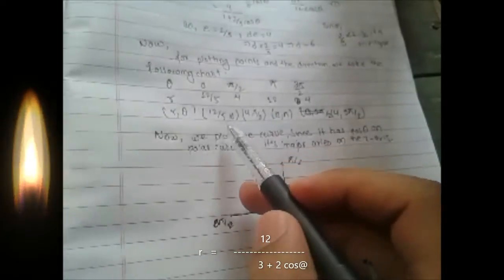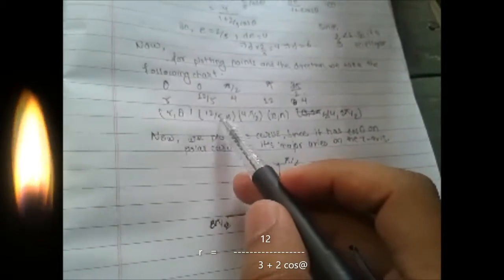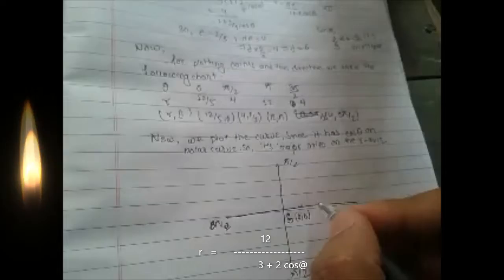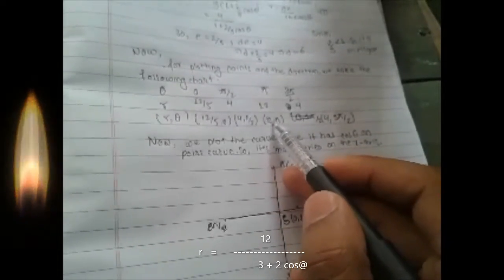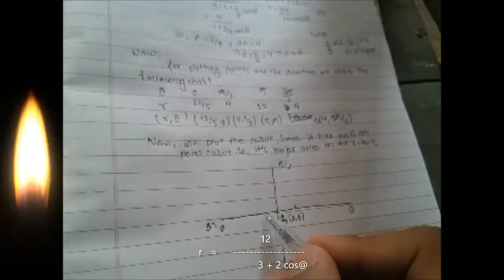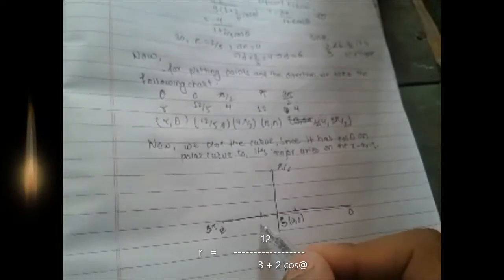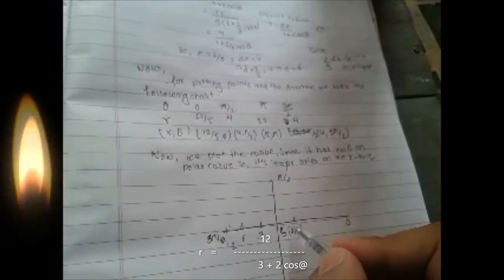At 0, what value do we have? 12 by 5, that will make up to 5 units. At pi we will make up to 12.